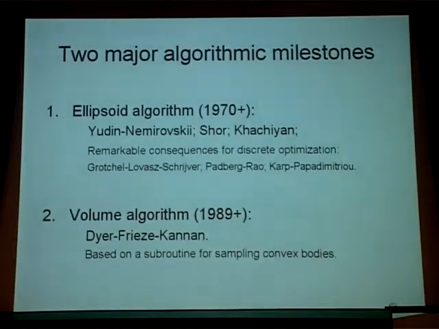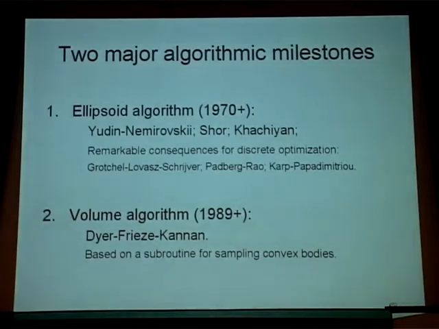So a historical note, I think if we had to pick out two milestones, there were two that happened in this field that also influenced the rest of theoretical computer science in a profound way. The first was the discovery of the ellipsoid algorithm, stated by Yudin, Nemirovsky, Shor, and then proved to be polynomial for linear programs by Khachiyan, whose name I've managed to misspell.